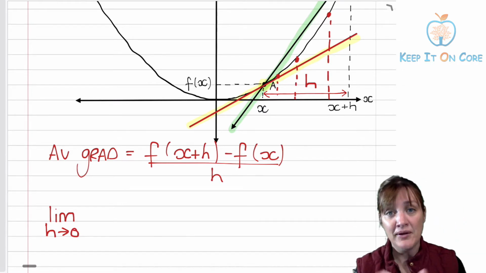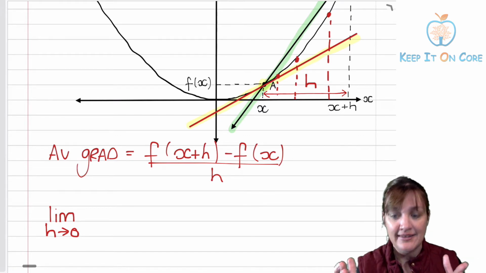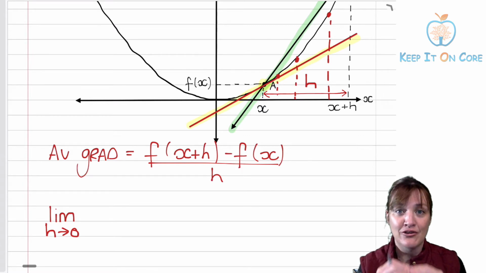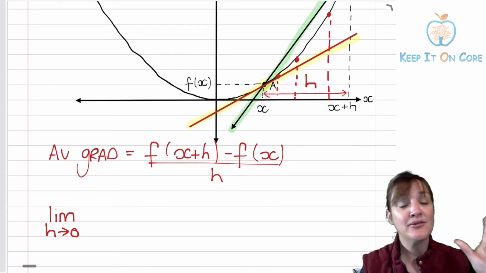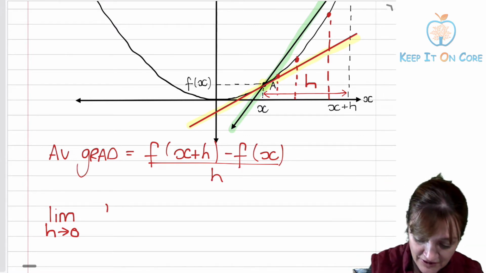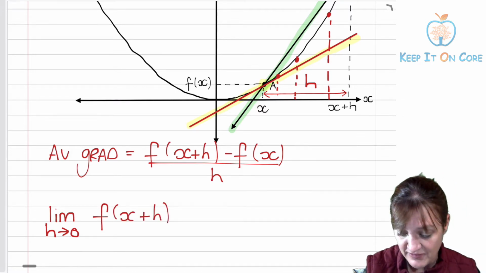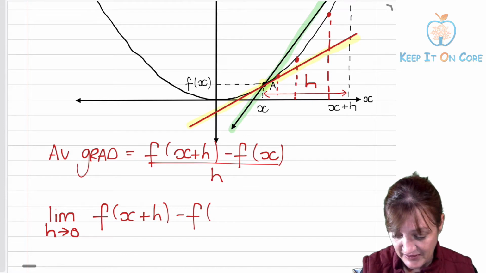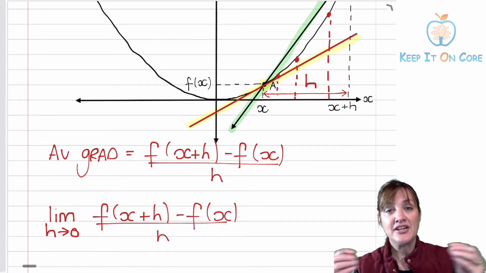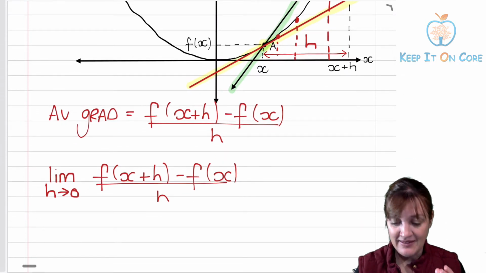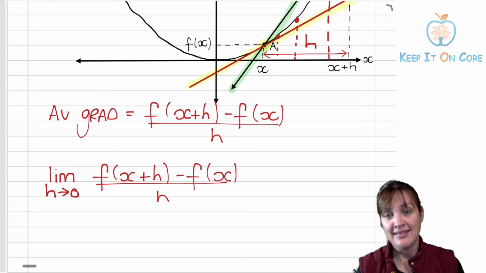Because at the point where your distance of h is as 0 as it looks to the naked eye, point A and point B are as 1 point as they look to the naked eye. So at the point where your limit has tended towards 0, the gradient between point A and point B is now actually at 1 point, okay? So it becomes the gradient at that 1 point.